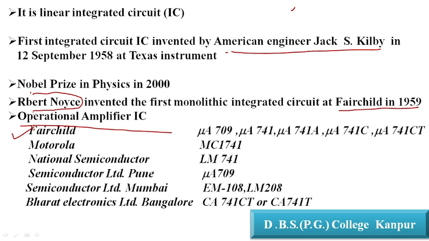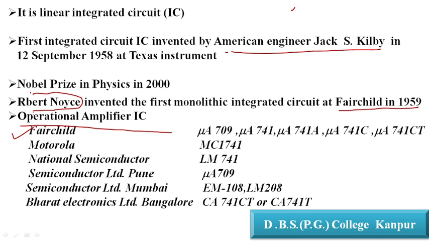The operational amplifier is an active component. The transistor is an active component. Resistor, capacitor and inductor are passive elements. Active element means one that increases the level of a signal. Active elements are mostly manufactured very well by the monolithic integrated circuit.